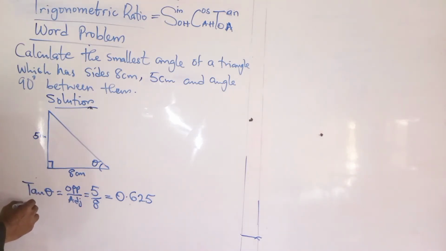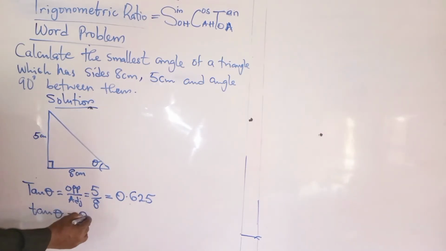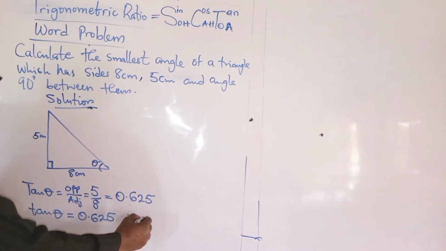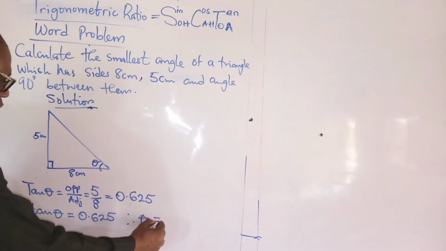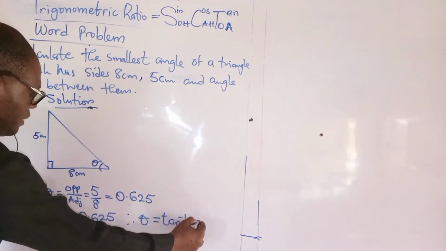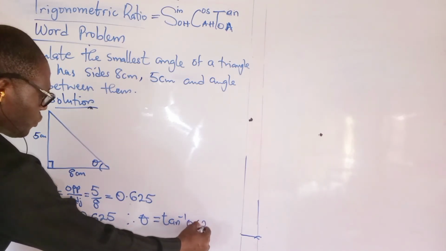So we have tan theta equals 0.625. Now divide both sides by tan, therefore we have theta equals arc tan 0.625.